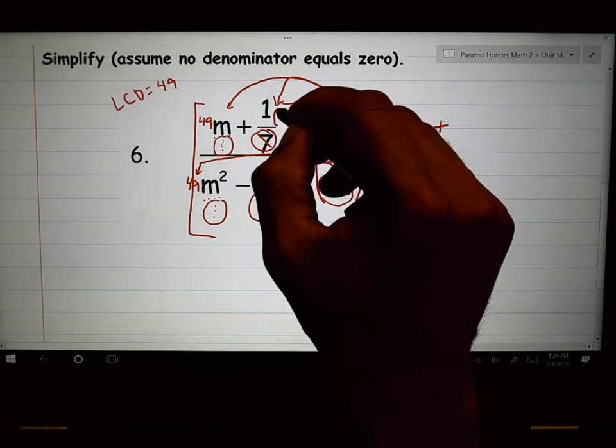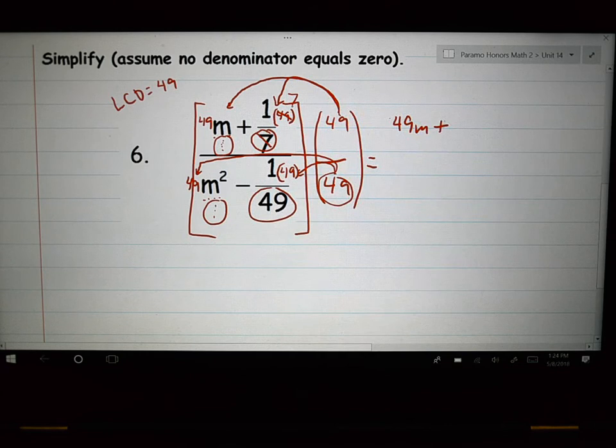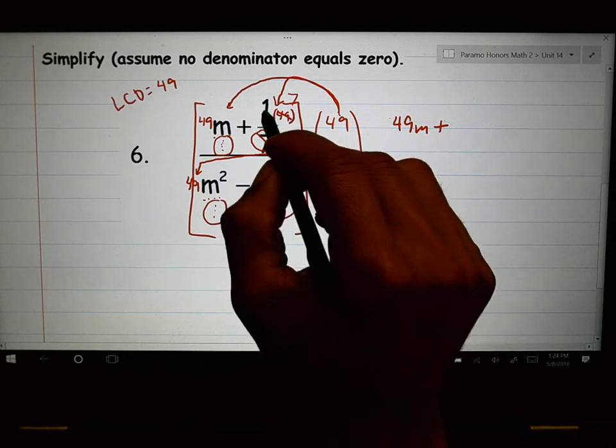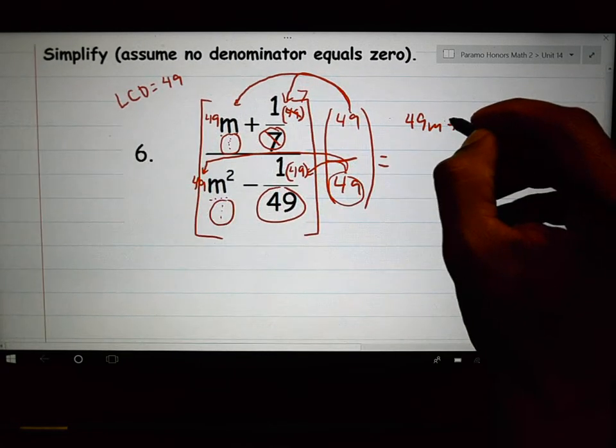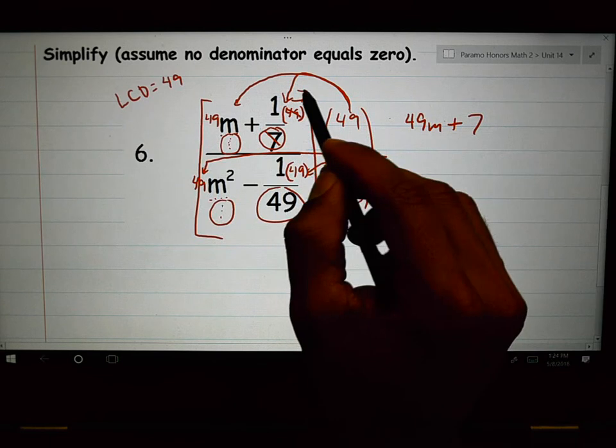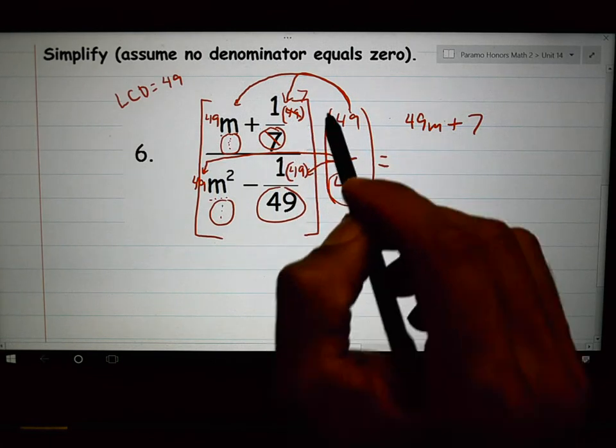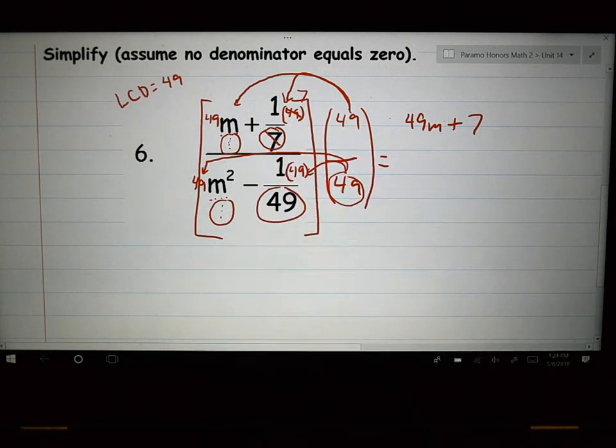It goes in 7 times. 1 times 7 is 7. What should happen if we did this right is the little denominator should go away. If they go away, you're doing it correctly. You've picked the right LCD, or common denominator, or LCM as some of you know it.